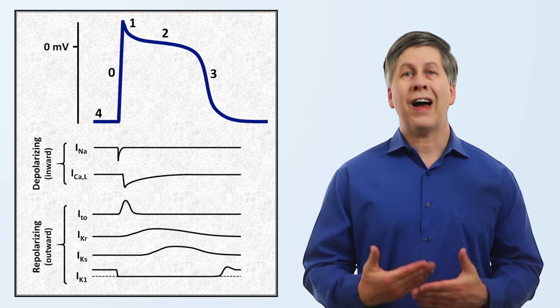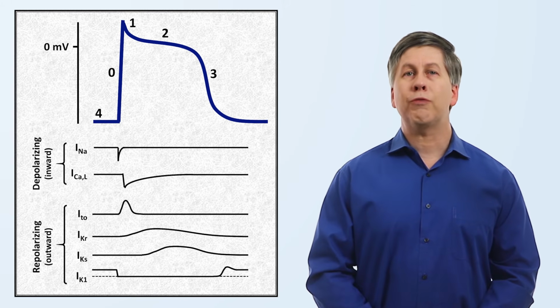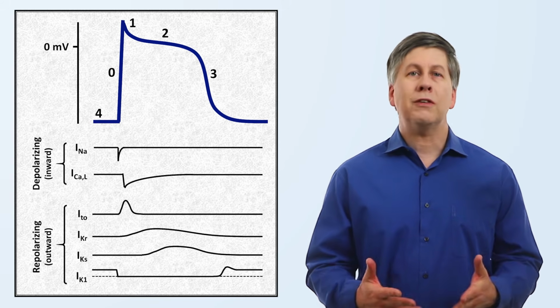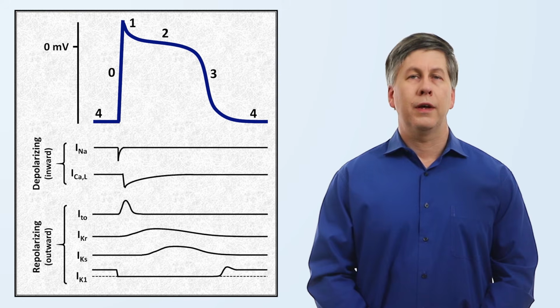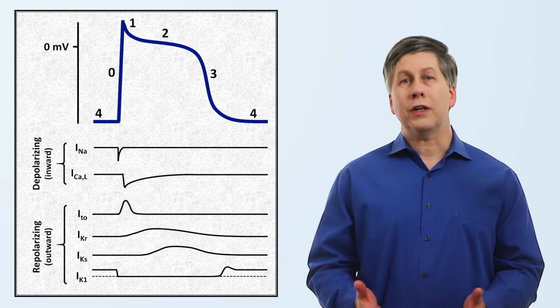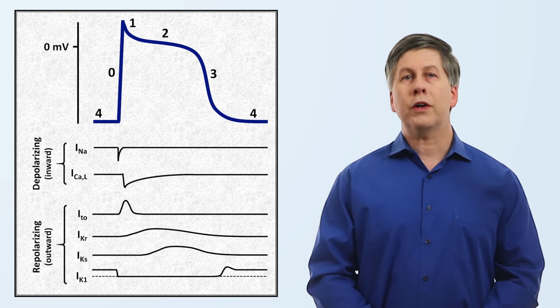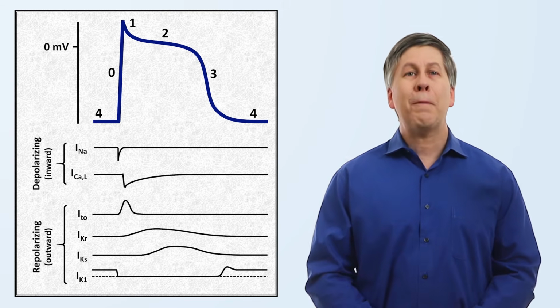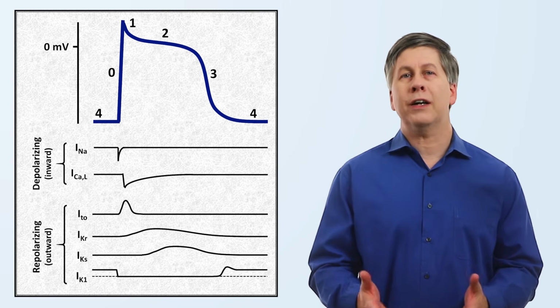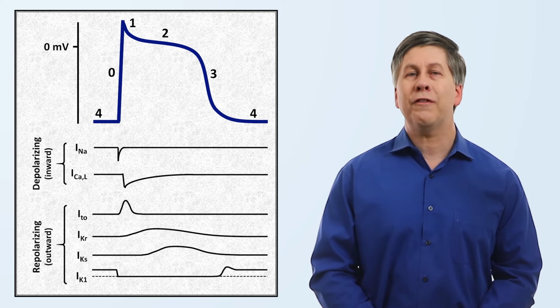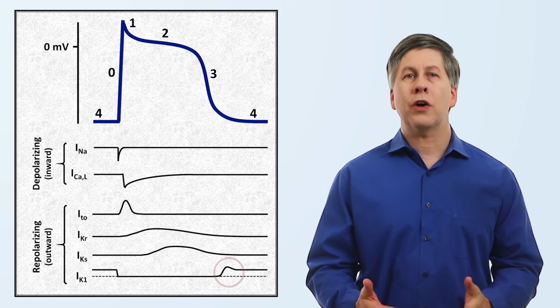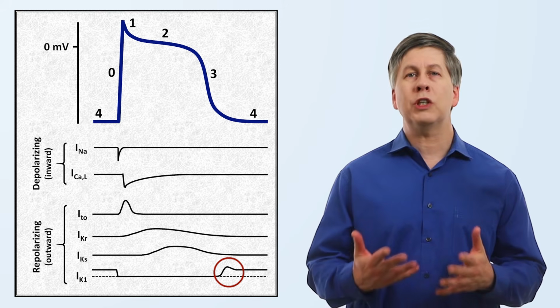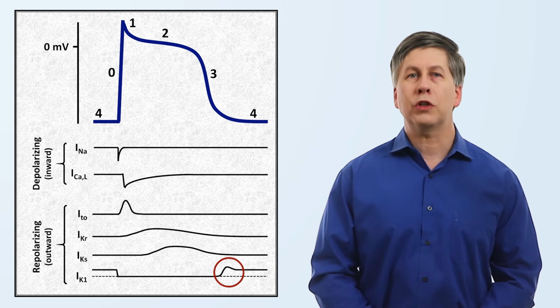This unopposed outward current leads to complete repolarization back to the resting membrane potential, and the cell is back to phase 4 again. Something you may have noticed regarding the I sub K1 current, or the inward rectifying potassium current, is that it basically shuts off throughout the action potential until the second half of phase 3, when it restarts and is the current most responsible for the final portion of repolarization.